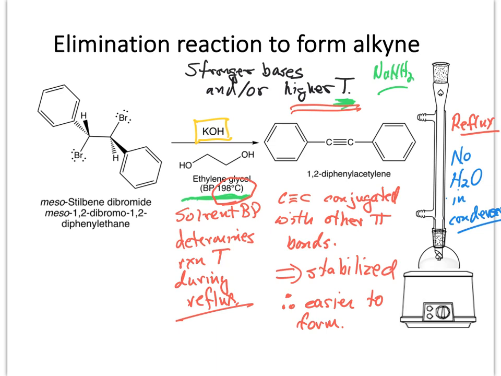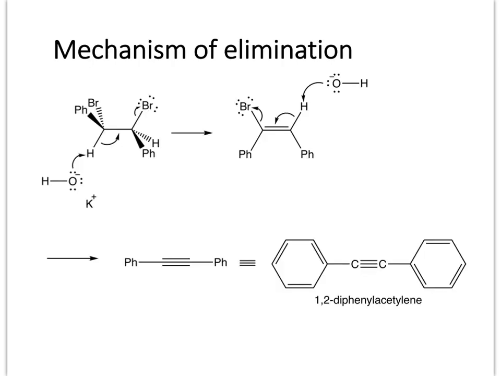So we're going to set up our reflux apparatus. We're going to do it without running water through it, and we're going to get formation of our alkyne. So let's quickly go through the mechanism of that. It's what we would expect.